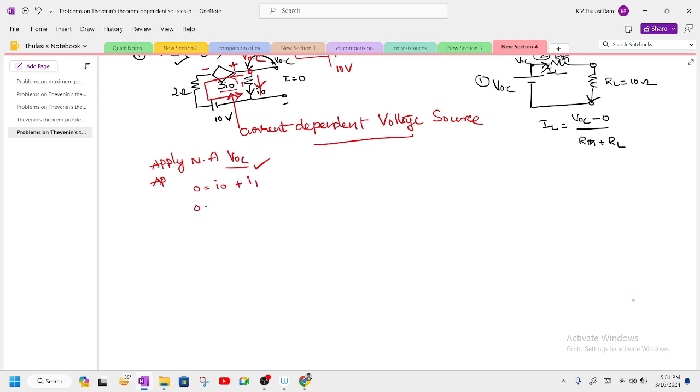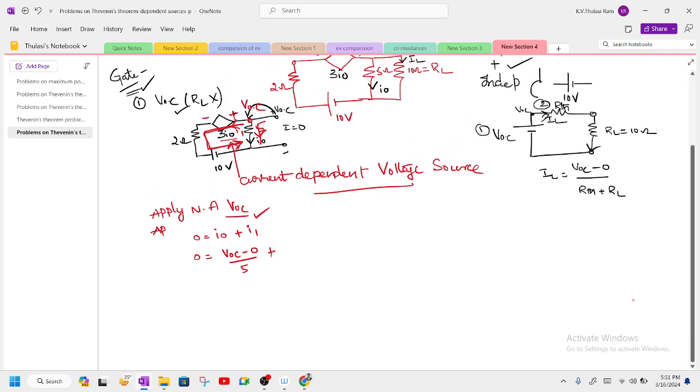So I can write 0 is equal to I naught, which we have to write in terms of VOC. I naught can be written as VOC minus 0 divided by 5 ohms, plus the current I1 in this branch. The current is leaving, so what is the voltage?